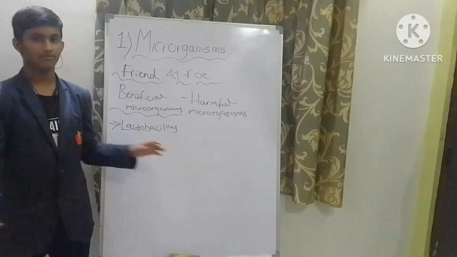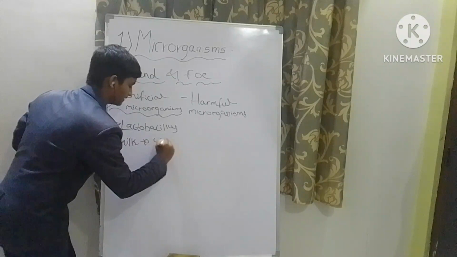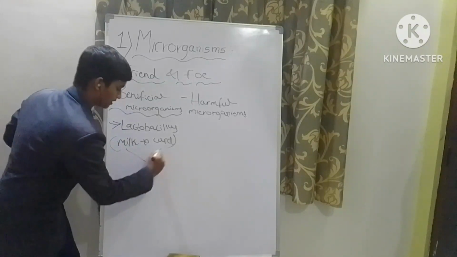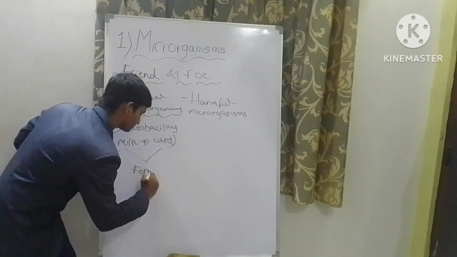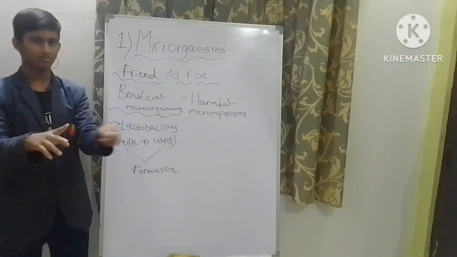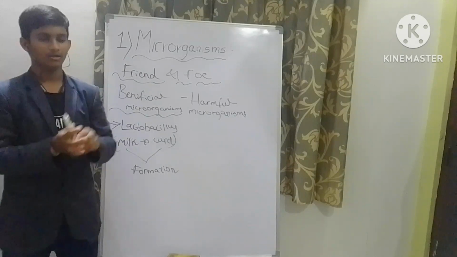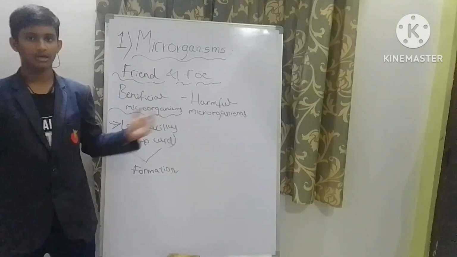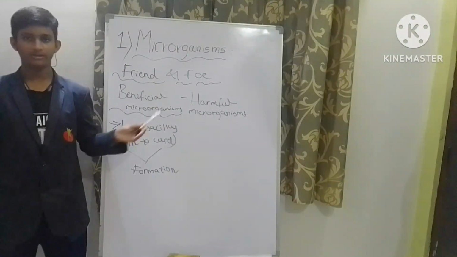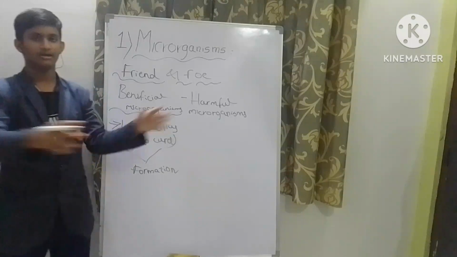It helps in the formation of curd from milk. First take milk in a bowl and add a sample of curd to it. Keep it for a whole night, then you can see that lactobacillus slowly grows and the curd is prepared.